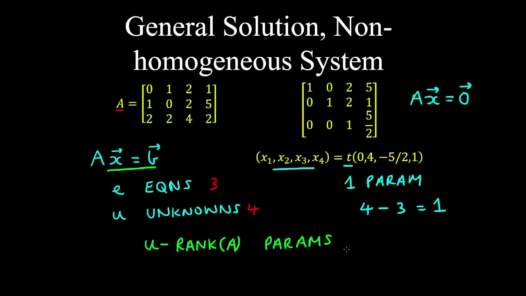But also remember that we can express a non-homogeneous solution as a particular solution plus the general solution to the corresponding homogeneous system, which is this one over here. So therefore the general solution of both systems has this many parameters, being the number of unknowns minus the rank of the coefficient matrix.